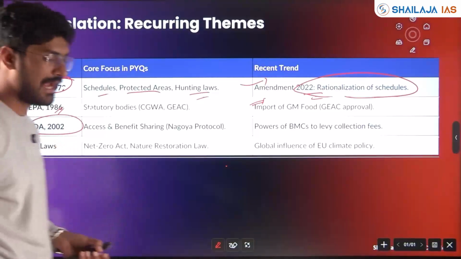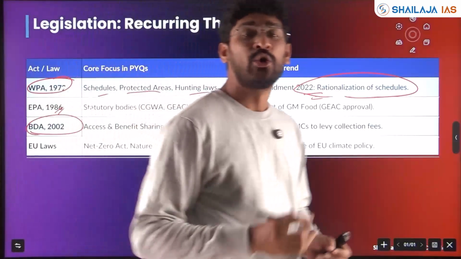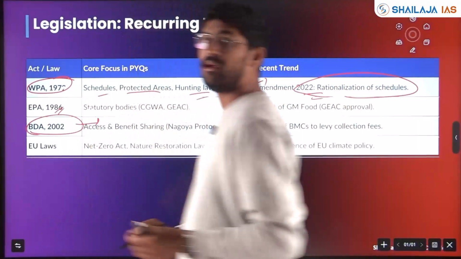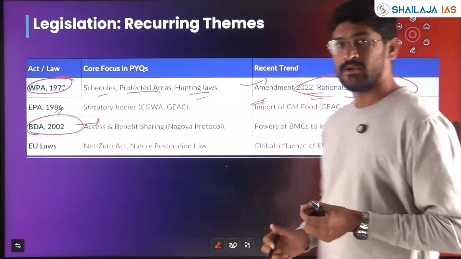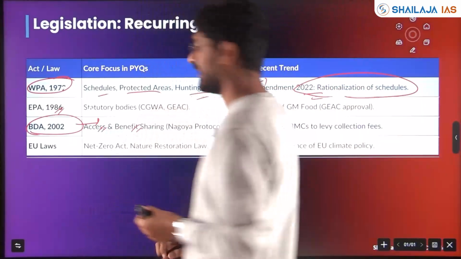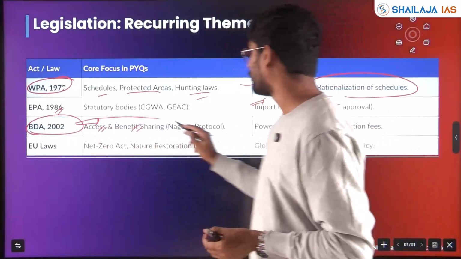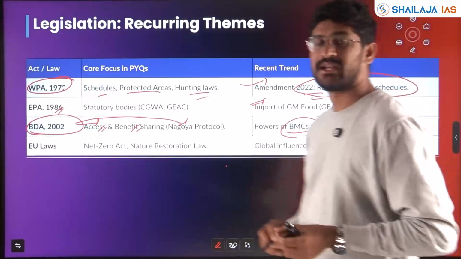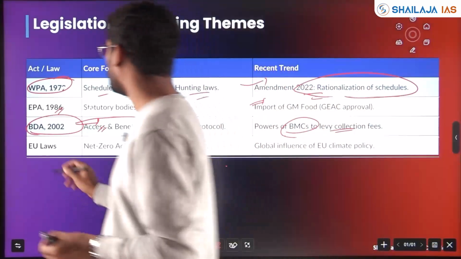Then the Biodiversity Act, its features. Go through the Act and see all the articles, clauses, so that you will have complete clarity here. Access and benefit sharing, linking with international protocols and laws, powers, characteristics, who is the chairman, all these are important.